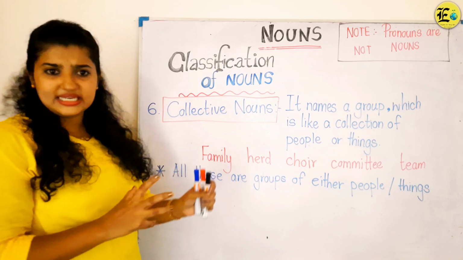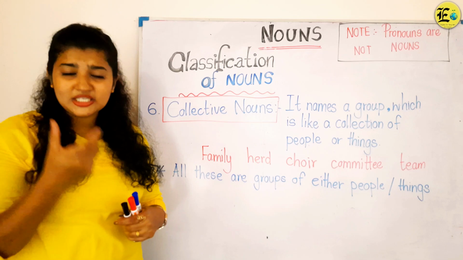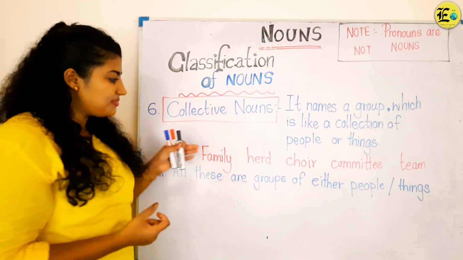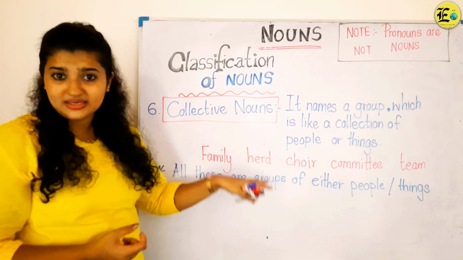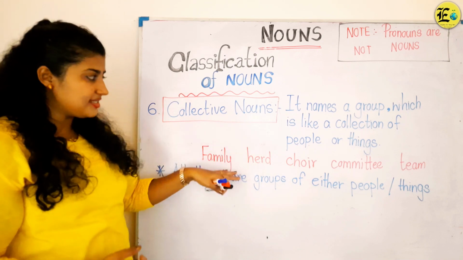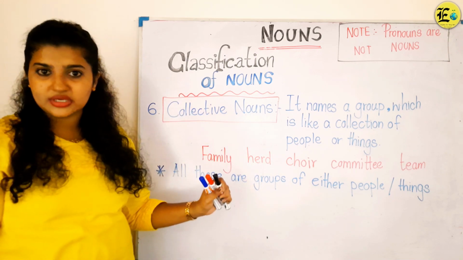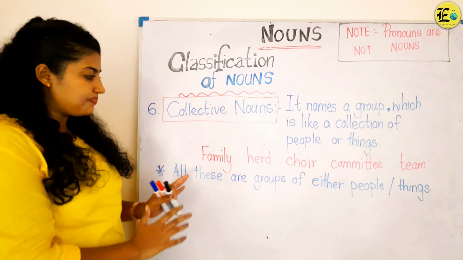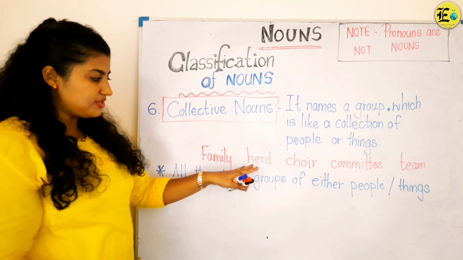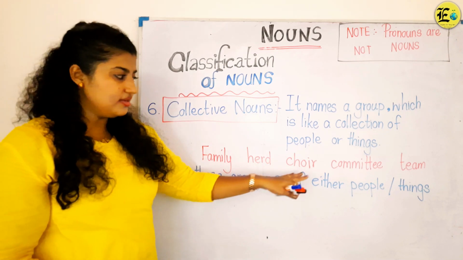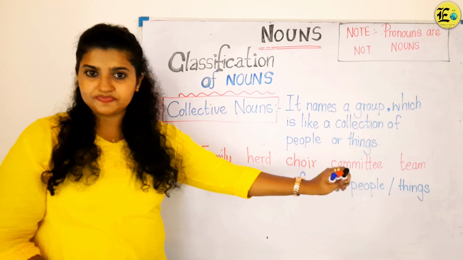So these collective people or things could be specifically named with particular phrases or terms. These particular terms are known as collective nouns. Now, let us see what these terms are. Number 1, family. Number 2, herd, choir, committee and team.